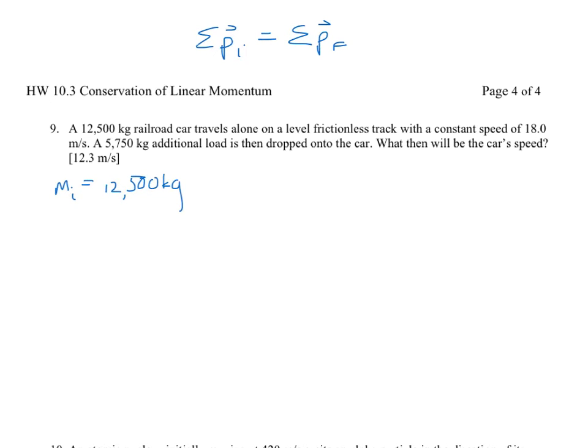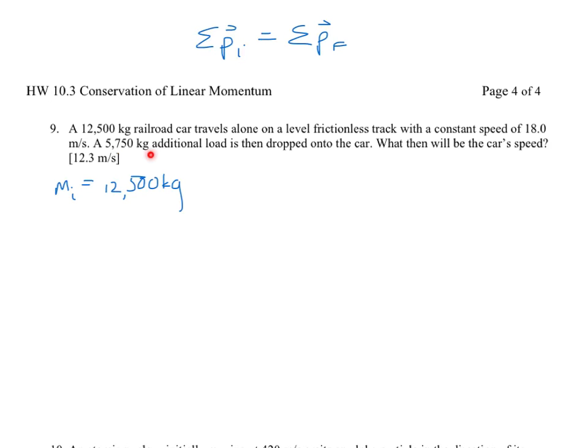Now, that might sound kind of funny because usually when we think of initial and final things, we think of things like velocity which changes. Well, this railroad car is traveling by itself on a frictionless track, but then the mass is increased. A 5,750 kilogram load is dropped onto the car. So the mass is actually changing.